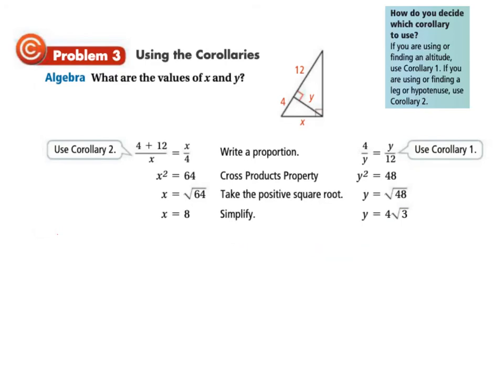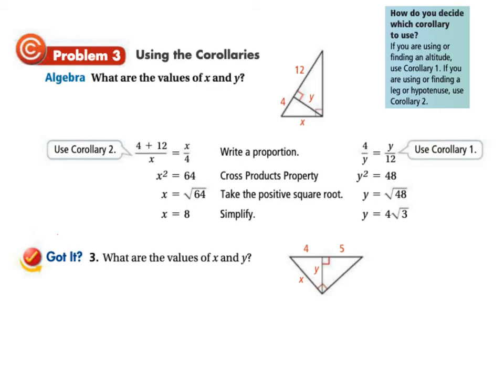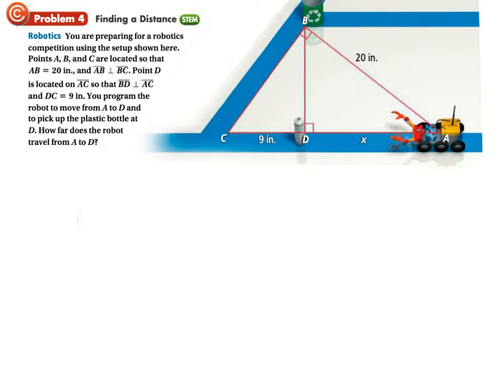Using the proportions that we just learned, try it now with this Got a Problem. This is a great one because it's a cool application of this, and you really need to puzzle out what you're trying to do. You're preparing for a robotics competition using the setup shown here, and points A, B, and C are located so that AB is 20 inches and AB is perpendicular to BC, meaning we've got a right triangle here.